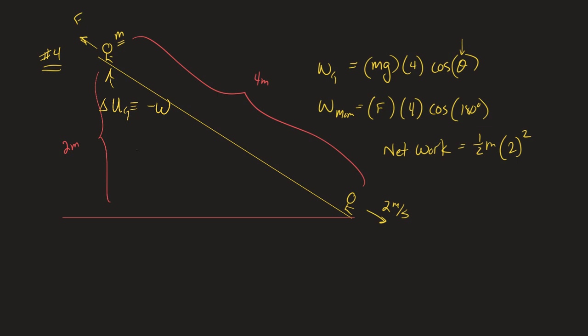So I can just find how much gravitational potential energy the child had at the top of the slide. That's got to be this. Now, if I subtract these two things, whatever's missing is the work done by mom. Does that make sense?